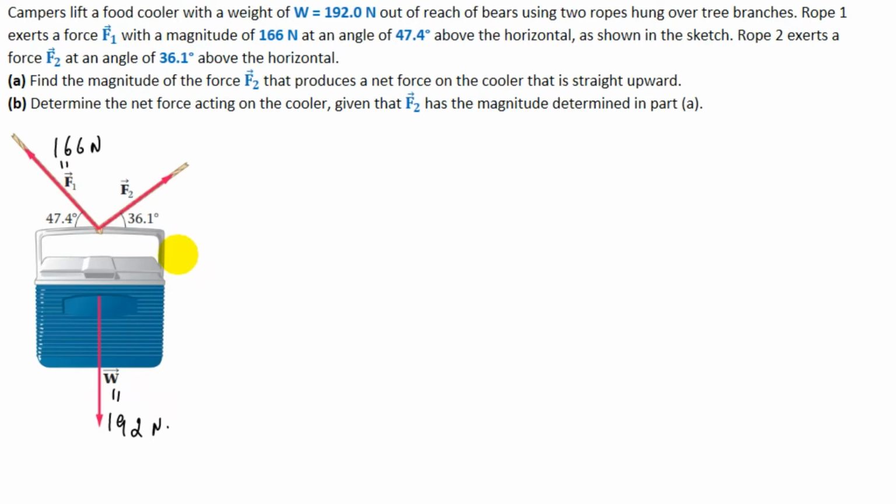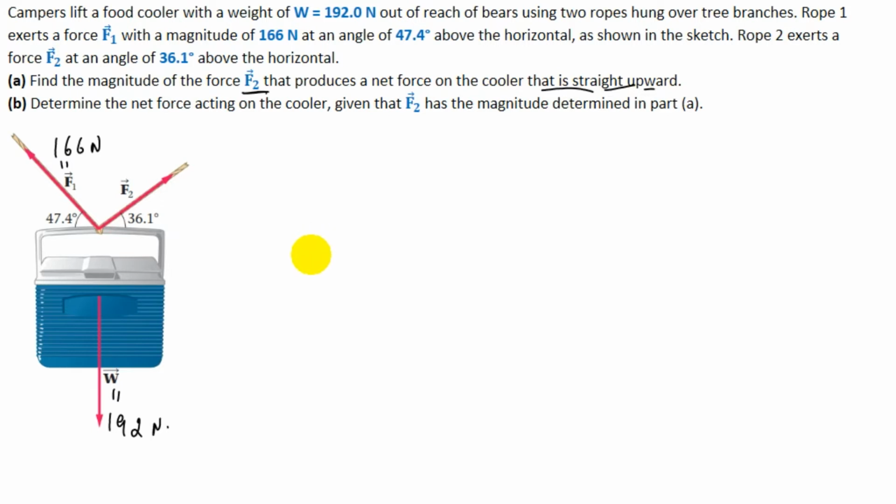Rope 2 exerts a force F2 at an angle of 36.1 degrees above horizontal. There are two parts in this question that we need to solve. In part A, we need to find the force F2 that produces a net force on the cooler that is straight upwards. So the net force on the cooler is acting in the upward direction.